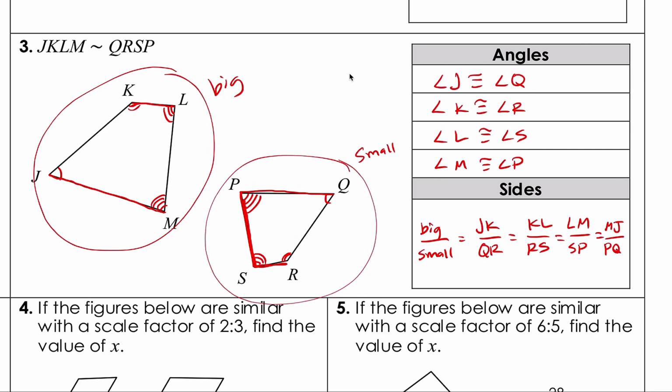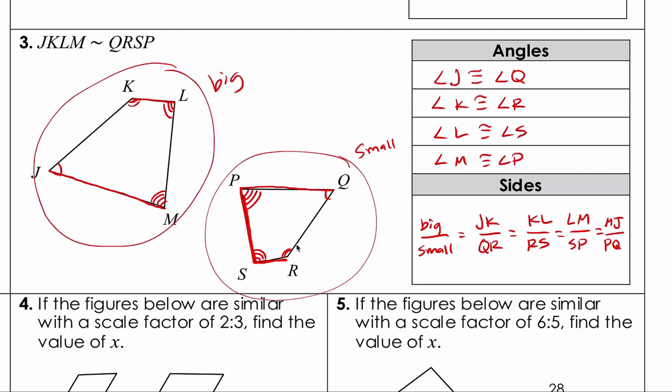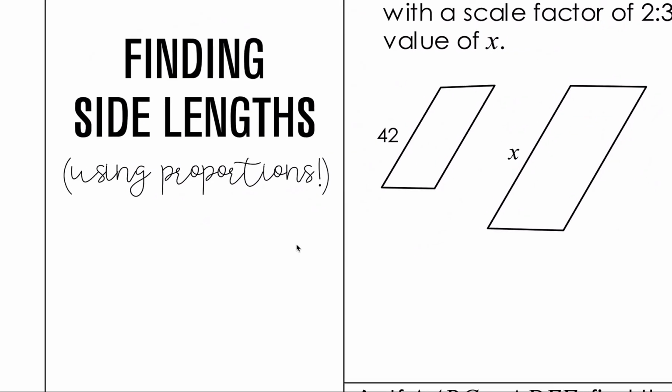Okay. So let's look at the next part where we have to find side lengths. Okay. So finding side lengths. And we're going to have to use, if you can't read that, it says using proportions, right? So we're going to have to set up proportions.